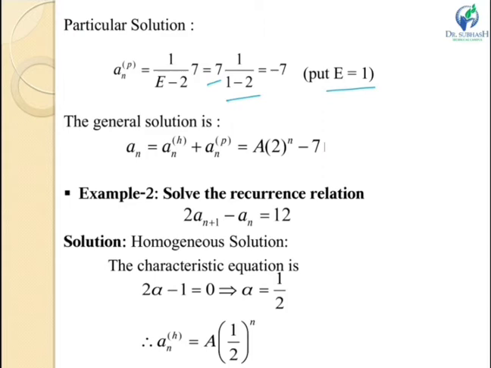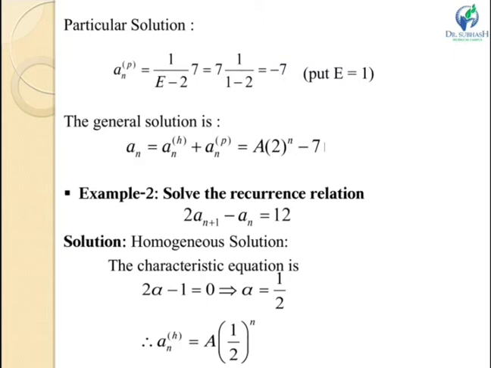So a_n^P will be equal to minus 7. The general solution can be given by a_n equal to a_n^H plus a_n^P. So our a_n^H was A into 2 raised to n, and a_n^P is minus 7. So this is our final solution for the given recurrence relation.